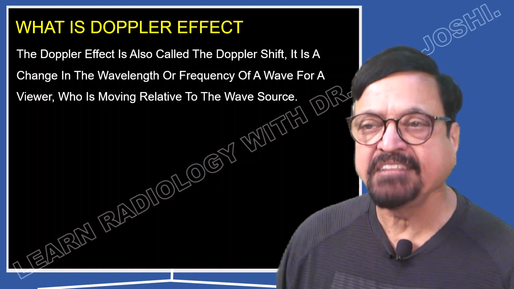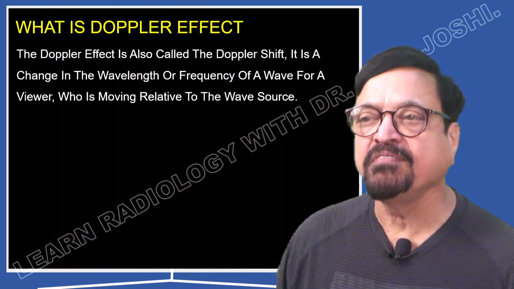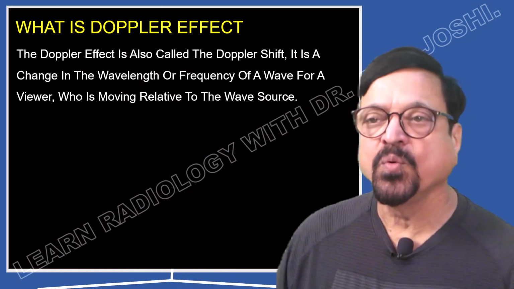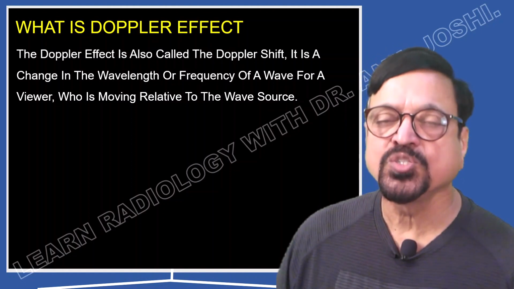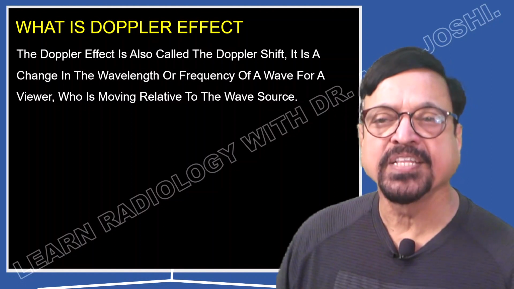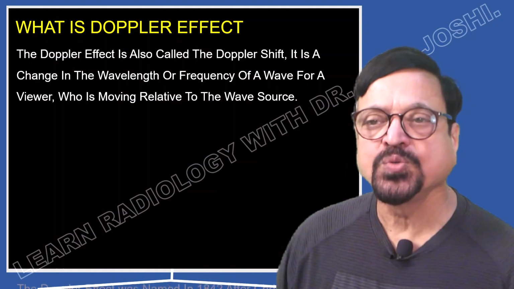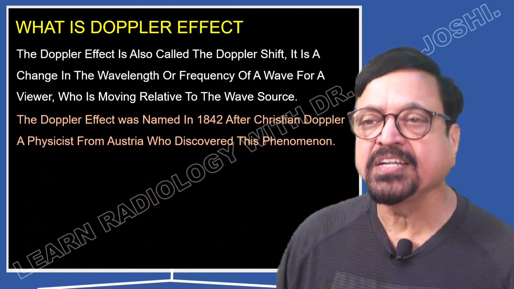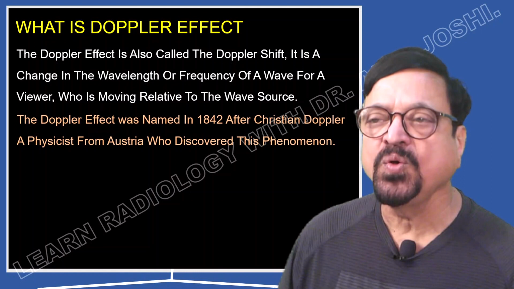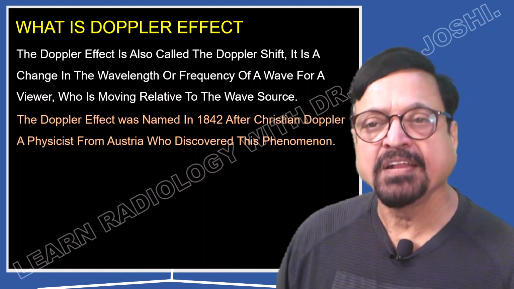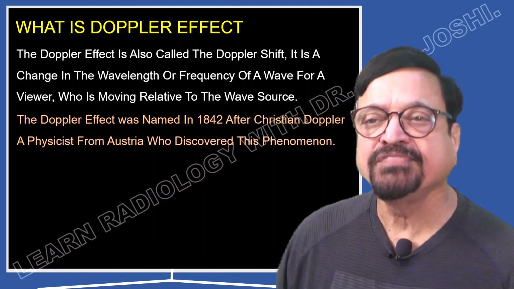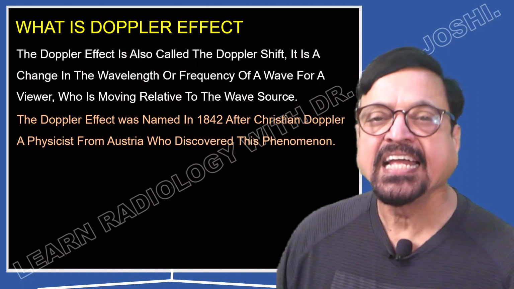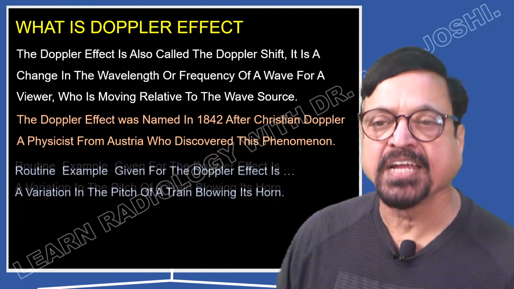It's a change in wavelength or frequency of a wave for a viewer who is moving relative to the source. So either the source or the observer has to move. The Doppler effect was named after Christian Doppler, who described it in 1842. He was a physicist from Austria, and the Doppler phenomenon is named after him.